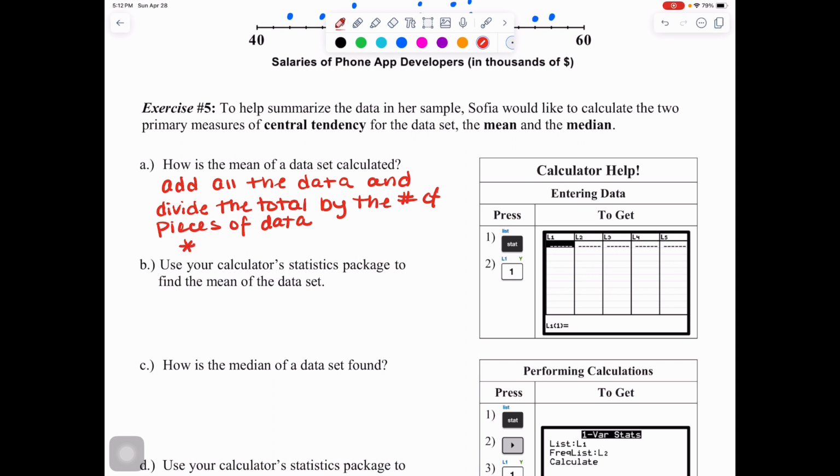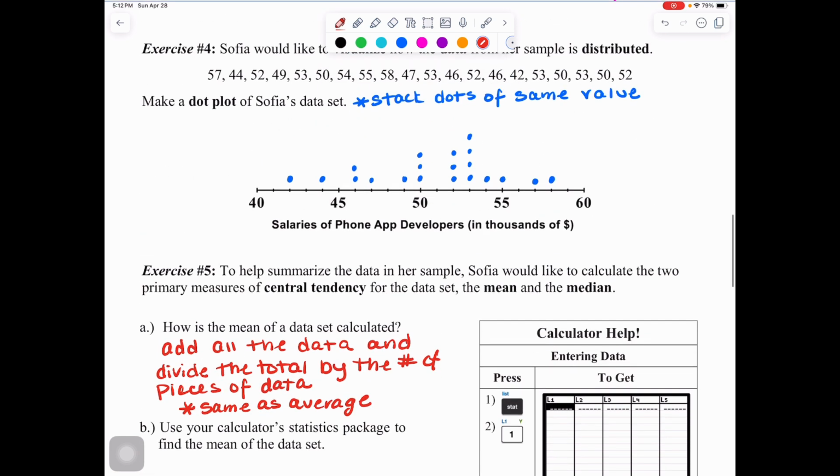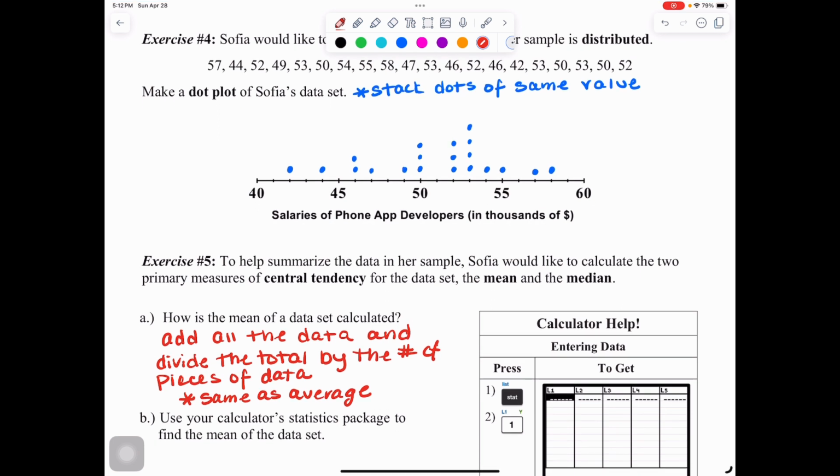And underneath, we'll just put a little star that says same as average. So you would go back up here to all your data, you would add it all up, and then you would divide by 20 because that was the number of data points that we had. And that would give you your mean or average.